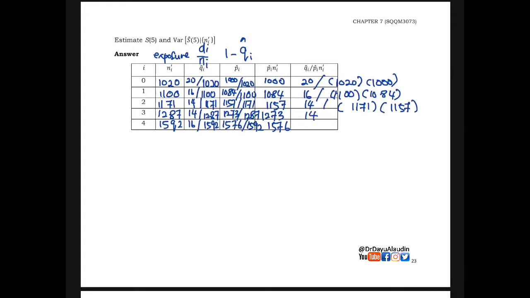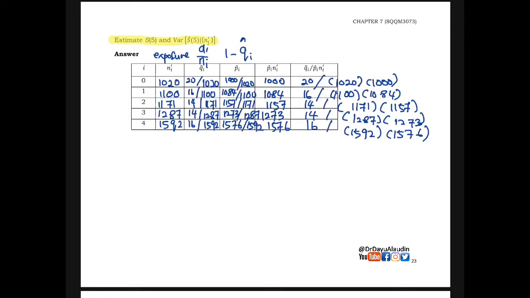This one is 14 over 1287 times 1273. This one is 16 over 1592 times 1576. So after you finish filling in the table, you can estimate S5 and the variance for S5.